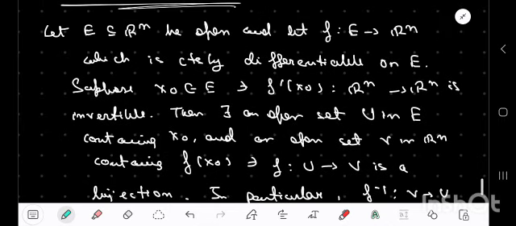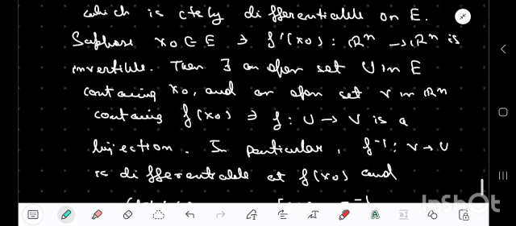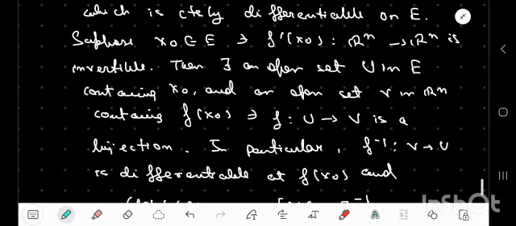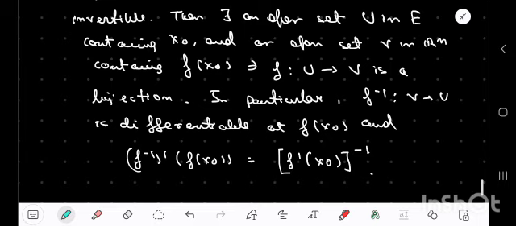The inverse function theorem basically says that if you have an open set E in Rn and f is a continuously differentiable function from E to Rn such that the derivative of f at x naught in E is invertible, then there exists an open set U in E which contains x naught and a corresponding open set V in Rn which contains f of x naught, such that f from U to V is a bijection and the inverse is differentiable at f of x naught, and the derivative of the inverse is given, which is very analogous to the one dimensional chain rule.